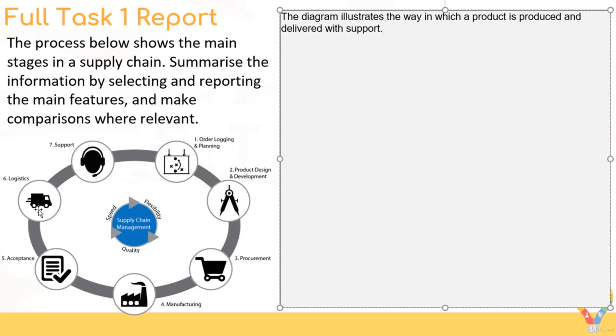So we've got the delivery and support added there. And like I said, this opening sentence will pretty much work for anything, but just be ready to be slightly flexible in case you need to add something to make it fit even better. So the diagram illustrates the way in which a product is produced and delivered with support.